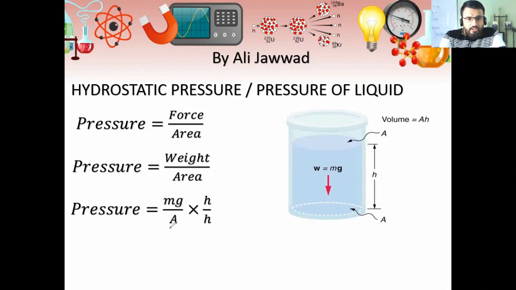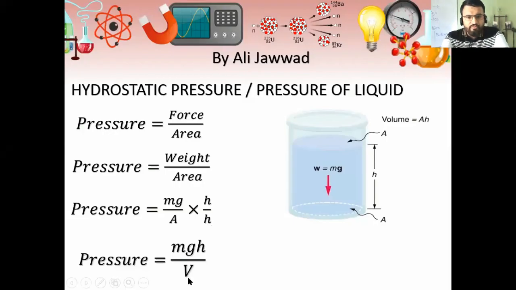So area into height, we already know, is equal to volume. So that is why we have replaced it, and in the next step we can replace area into height with volume. So here we get mass times gravity times height divided by volume.